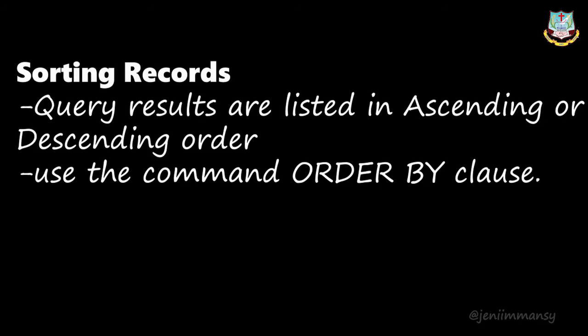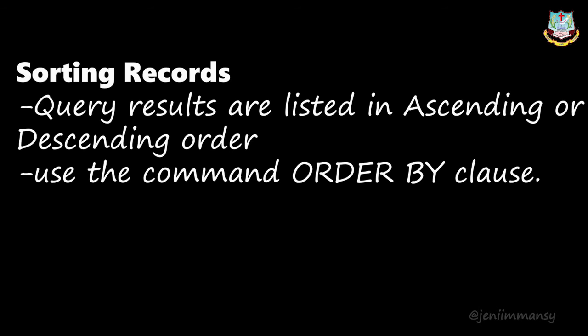Okay. The query results are listed in ascending order or descending order, using this command order by. Using this command order by, we can change the sorted form. In some databases we'll get the results by default in ascending order or in descending order.